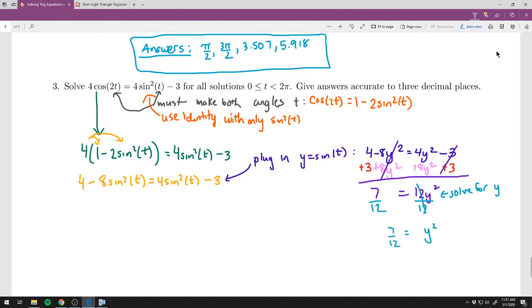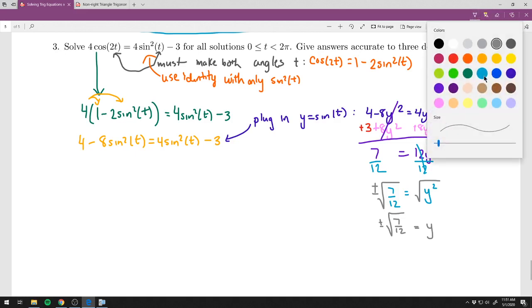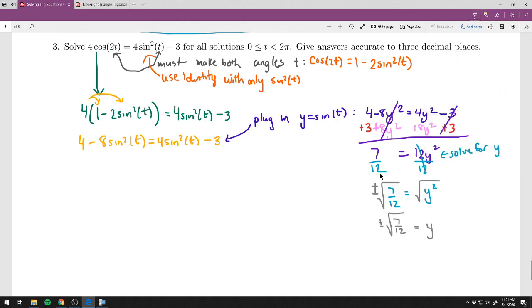And then to go from y squared to y, we do the square root, but don't forget the plus and minus. Okay, so we got y equals plus or minus the square root of 7 over 12. Now this is really a lot like when we would use the quadratic formula.